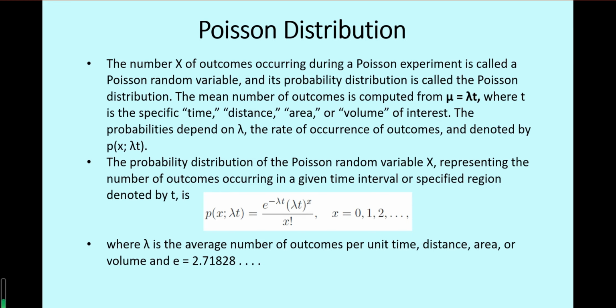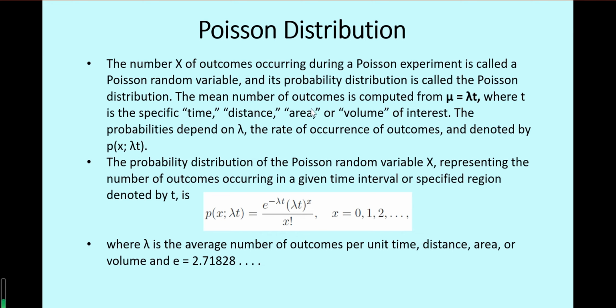This can be a time period or a specific area, for example. The number x of outcomes occurring during a Poisson experiment is called a Poisson random variable, and its probability distribution is called the Poisson distribution.